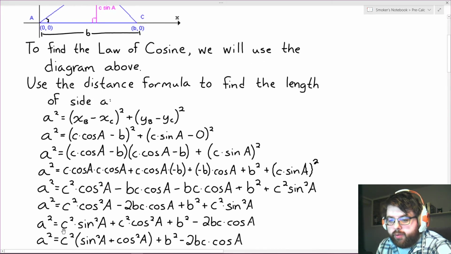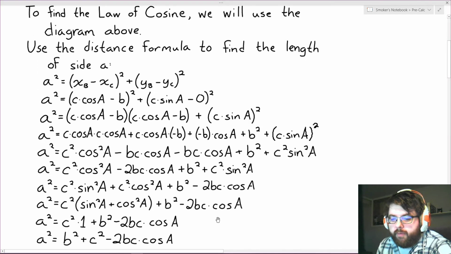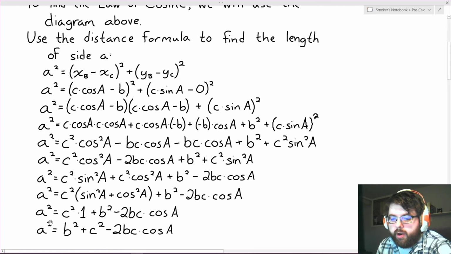I'm going to pull C squared out, and I have sine squared plus cosine squared, which we know is 1. So this simplifies to A squared is equal to B squared plus C squared minus 2BC times cosine A.